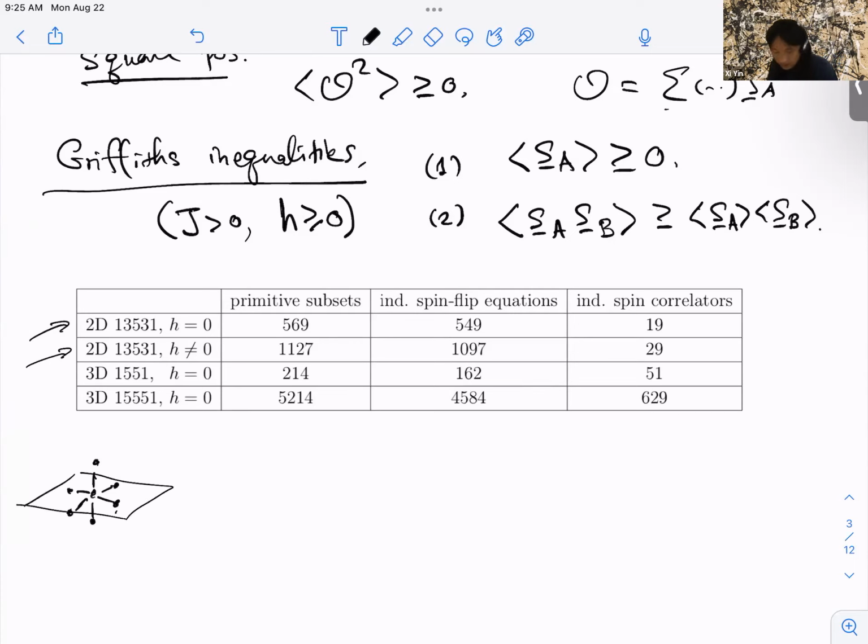We contain the 5 points in the plane. So this is what I call the 151 region in the 3D case. And if I say 1551, it means I just add some layer like this, and so on and so forth.